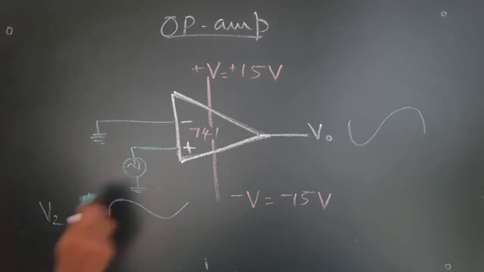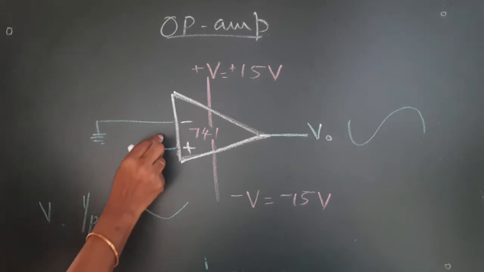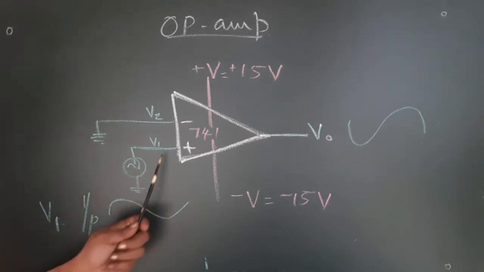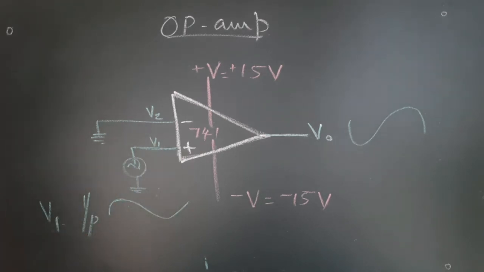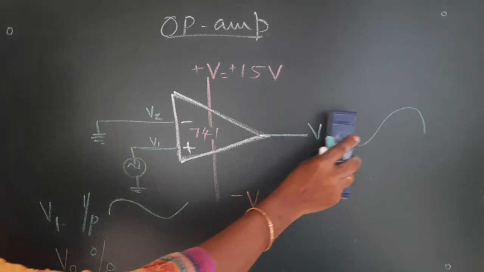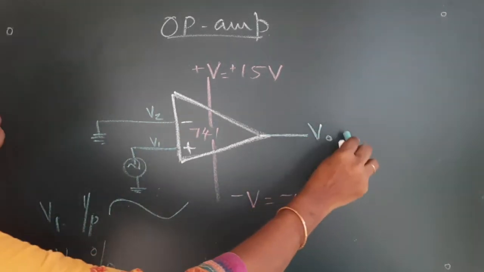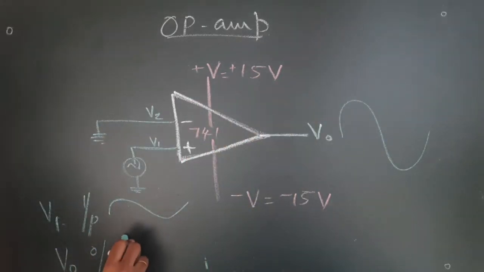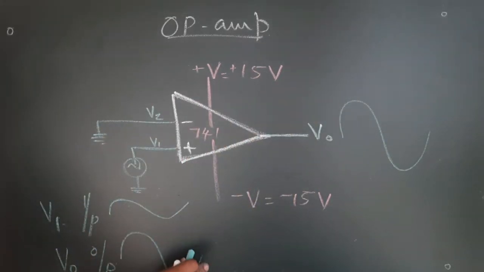So, this is the input, this is my V1 and this is my V2. This is the voltage input at the V1 terminal. At this moment, V out would be in phase with the input. Of course, it will be amplified, but the output will be in phase with the input.